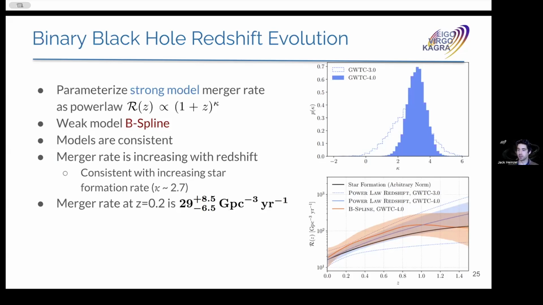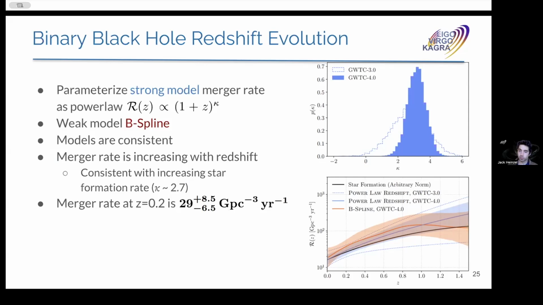But now in GWTC-4, we confidently find that the merger rate is increasing with redshift, so kappa is positive. Once again, we use a B-spline approach for our weak model, and this approach also finds the merger rate is increasing as a function of redshift, but it's consistent with our strong power law model.